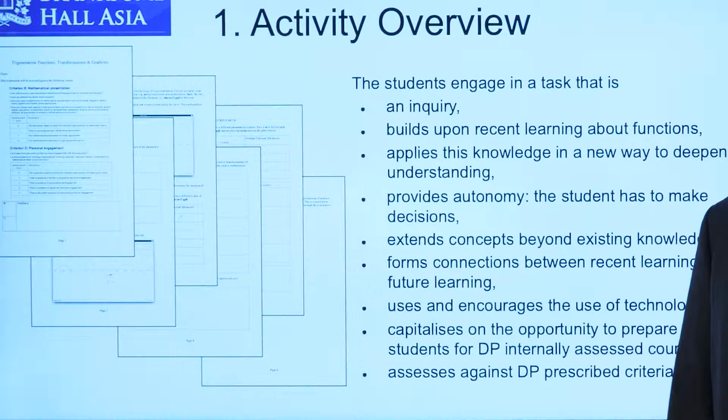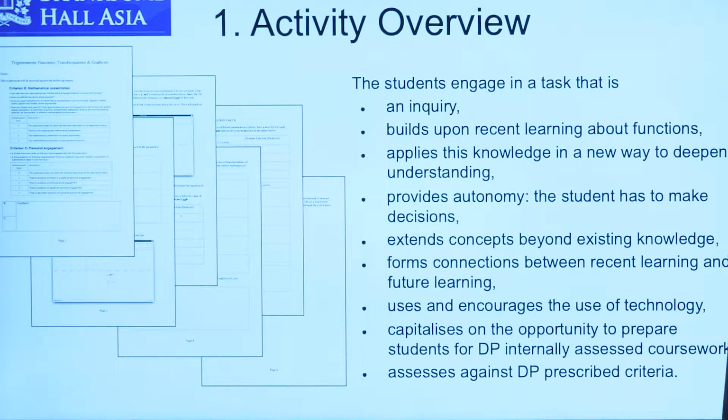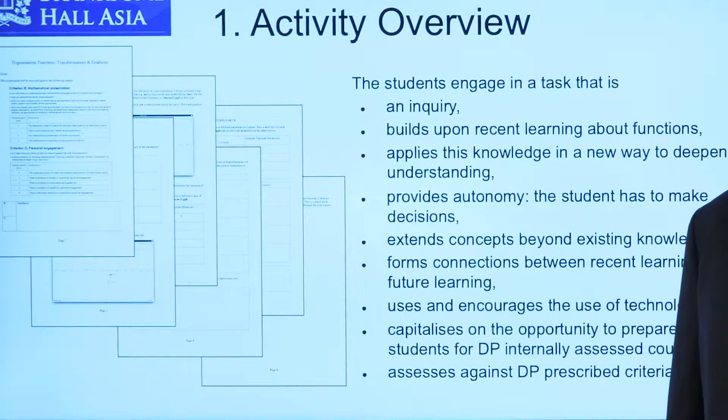They have been using this knowledge to some extent, but not in the same ways in recent work. So it was extending and developing and consolidating the knowledge that they already have, but it was also pointing towards concepts which they haven't yet seen, but which come up later in the year. We also wanted to encourage the use of technology.